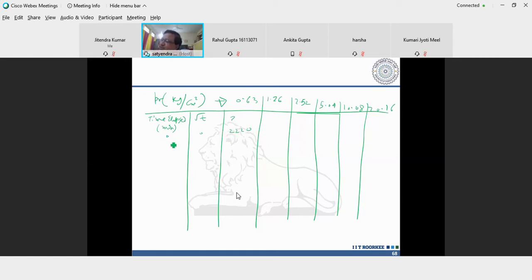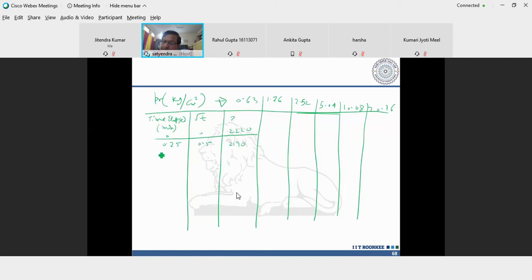The moment you apply the load, at 0.25 minutes, meaning 15 seconds, you take the deformation dial gauge reading. Load 0.63 kg per centimeter square is constant, and then you see what the deformations are. Maybe this value comes down as 2190.